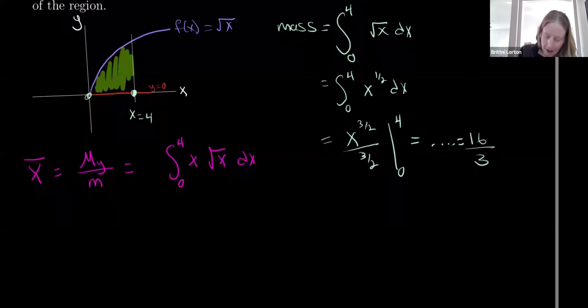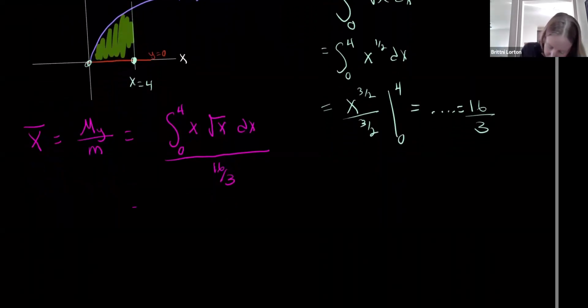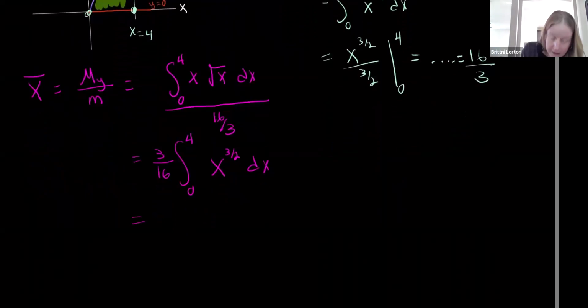Cool? And then, of course, divided by the mass, which I already found to be 16/3. Okay, and then we calculate that. So that'll become 3 over 16 times the integral from 0 to 4 of x times x to the 1/2, which you can simplify. X times x to the 1/2 is x to the 3/2. And then I can calculate that.